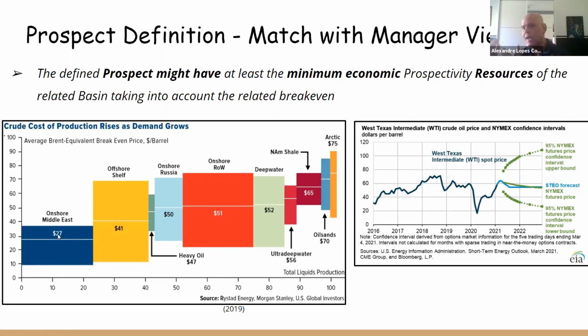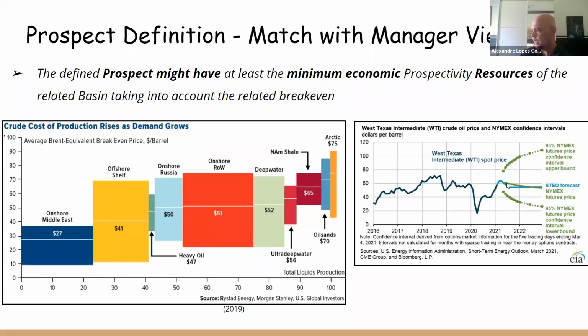For example, we are now at 60 US dollars per barrel, so the offshore shelf will be ready. The onshore roads as well, the heavy oils, you can go to this place. But if you go to Arctic, 75 is still non-economic to choose this opportunity.